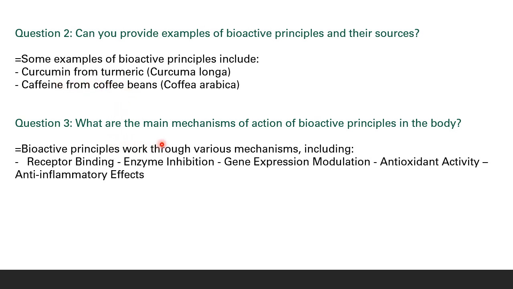Then what are the main mechanisms of action of bioactive principles in the body? I have already discussed this, so I will just list them. First is receptor binding, second is enzyme inhibition, then gene expression modulation, antioxidant activity and anti-inflammatory effect. The last two are very easy to remember. You can add one more to your answer.